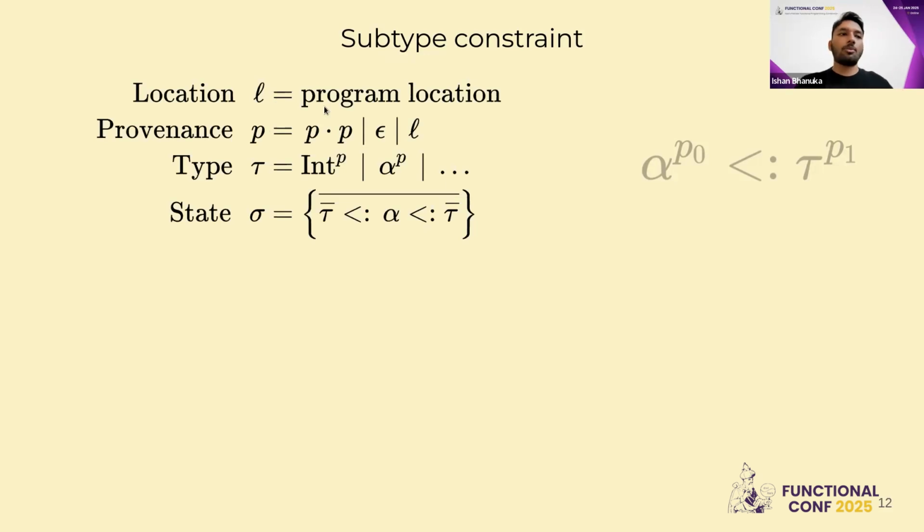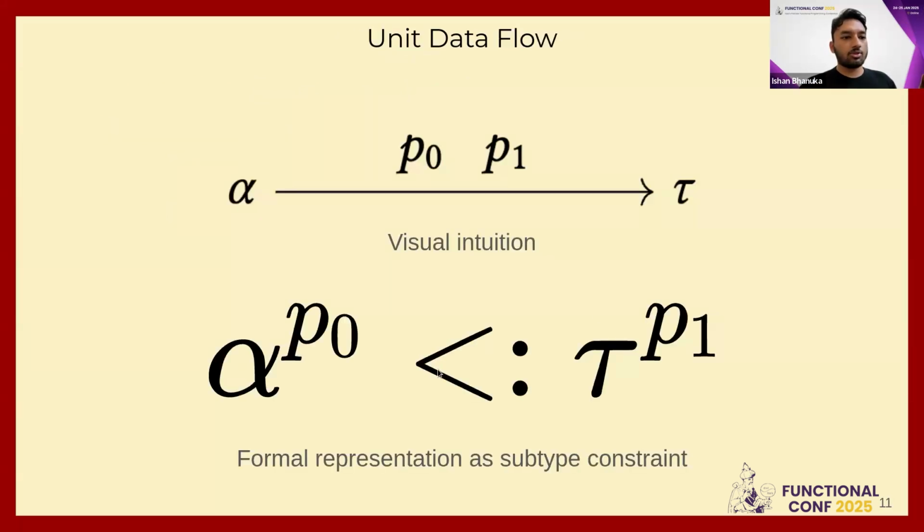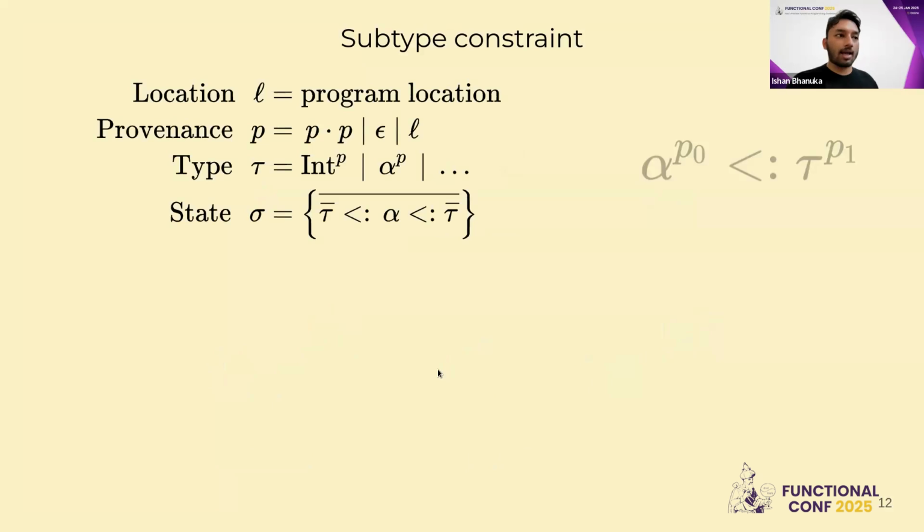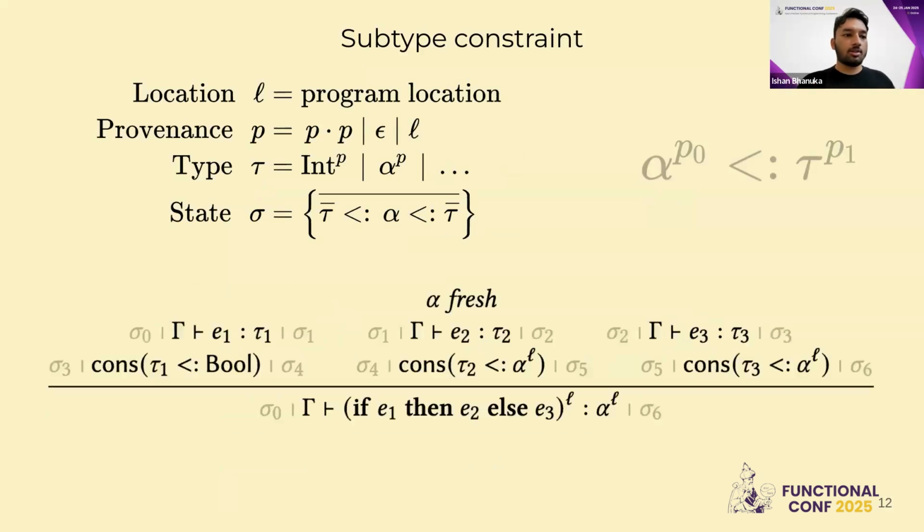This comes directly from the type system itself, that we have program locations and we can join program locations together, because a piece of data can flow through multiple locations. We have some types and we have a state. Think of a state as a bag in which we store the constraints. Remember, we established that this is a constraint. We want to store them. That is how we can track the data flow. So we are carrying a bag around and we're storing stuff there.